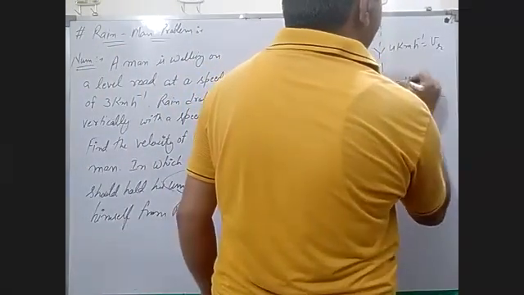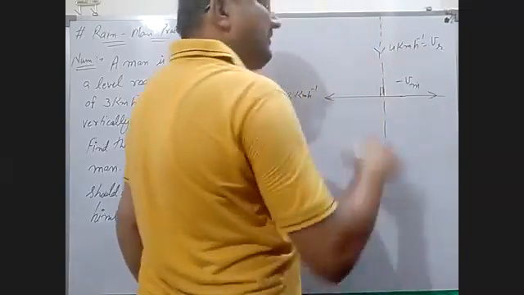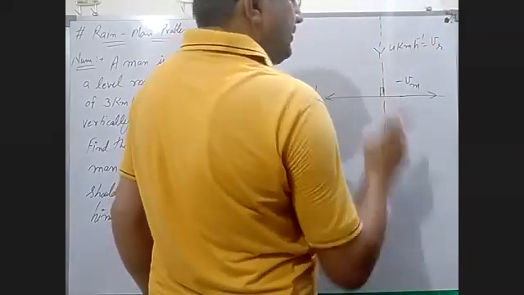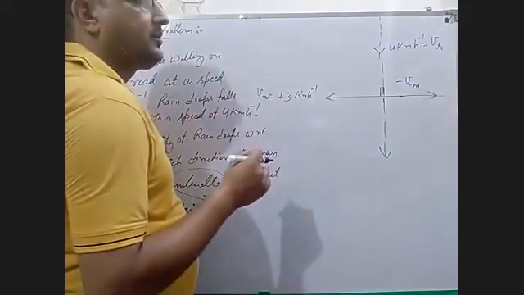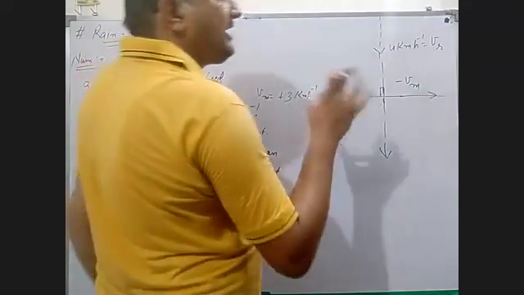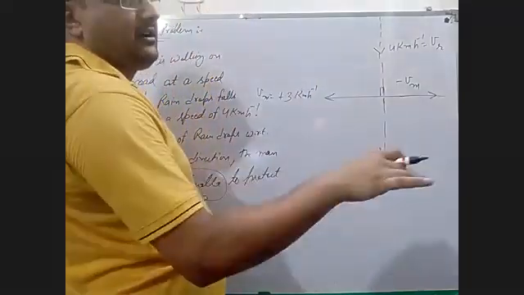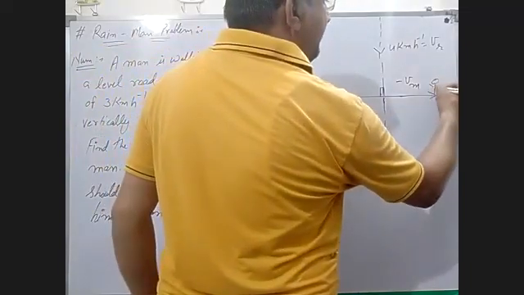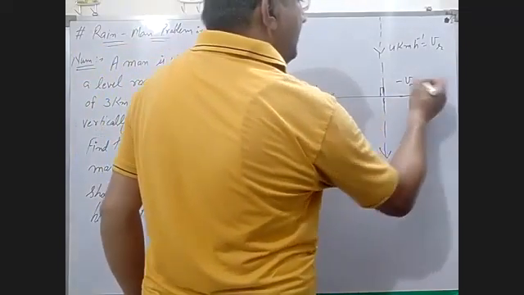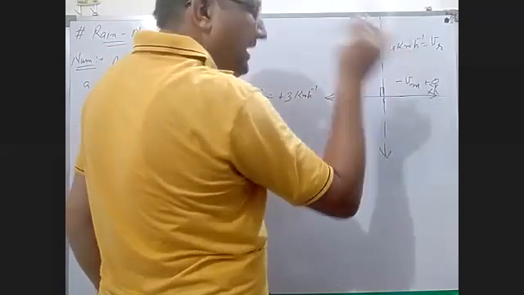You have to take the man velocity as negative, in the opposite manner, because you want to know where the raindrops attack. Suppose a man is moving in this direction and rain is falling, and you can feel this.